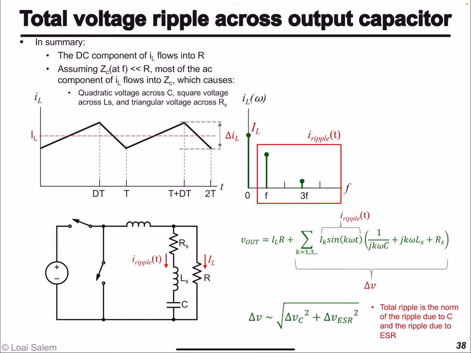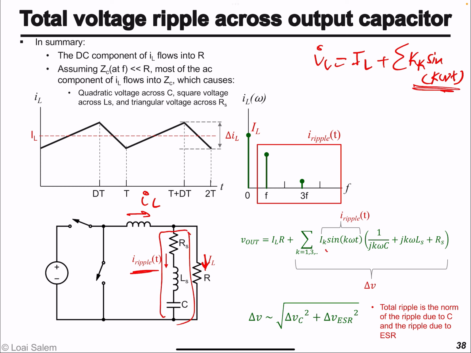And then one last point, as I mentioned, the inductor current has a DC component that flows in the load resistor, while all of the ripple, assuming the capacitance is very large, flows into the decoupling capacitor. And so if we represent the inductor current using a Fourier series as a DC component plus higher order harmonics, we'll find that this component flows and sees all of these.